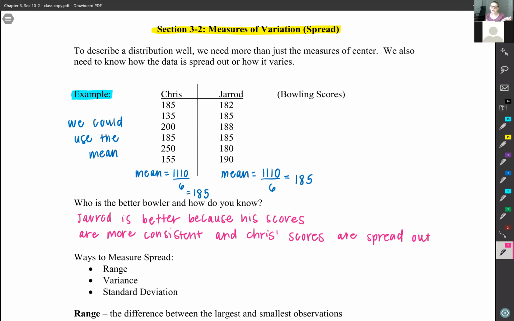That's why we have to look at measures of variation as well, because our measure of central tendency was not enough in this case. Okay, so that's just an example to show you why it's important.